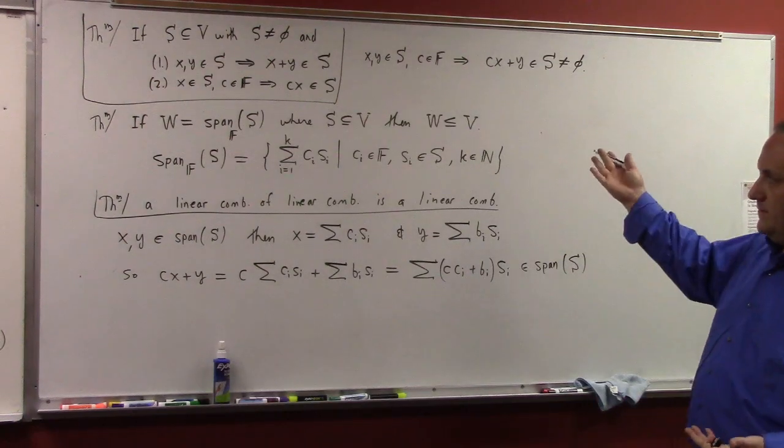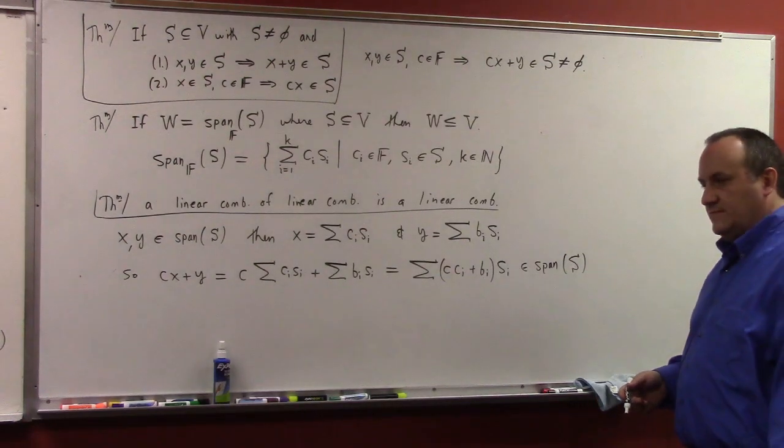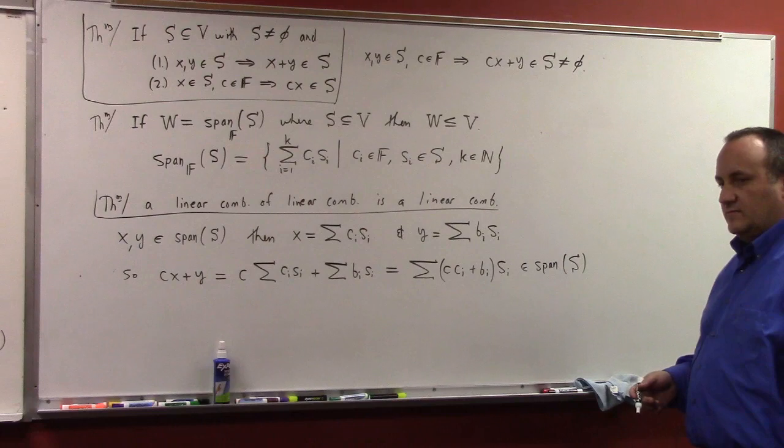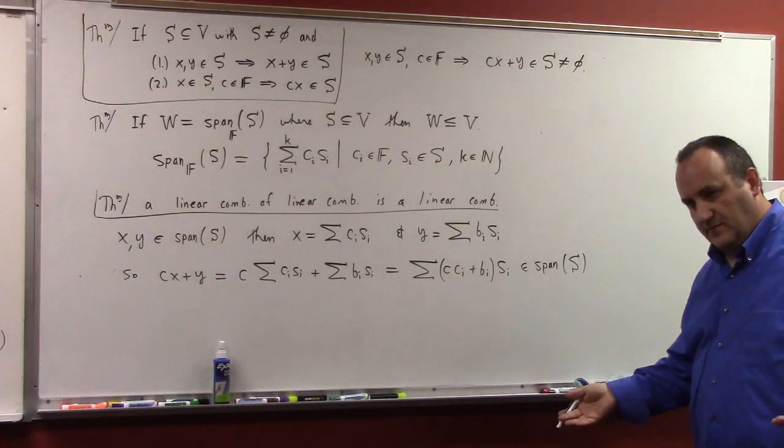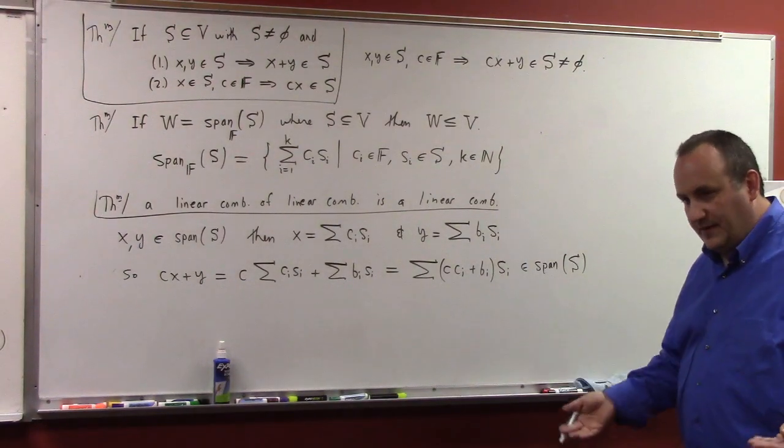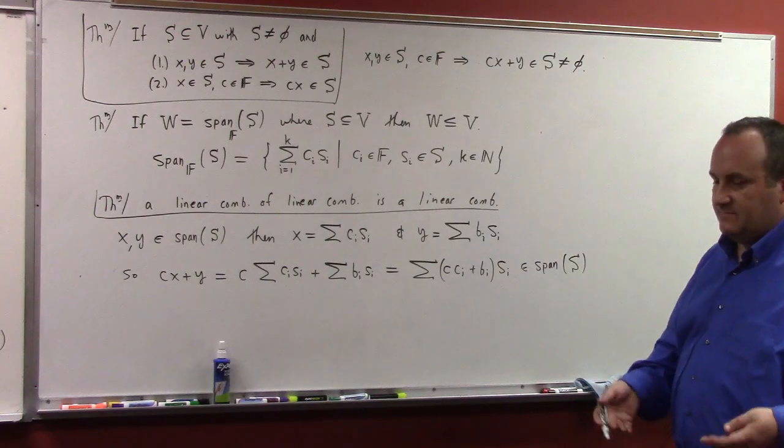So therefore, and how do I know it's not empty? Well, choose your coefficients to be 0. So the trivial linear combination gives you the 0 vector, it's not empty.